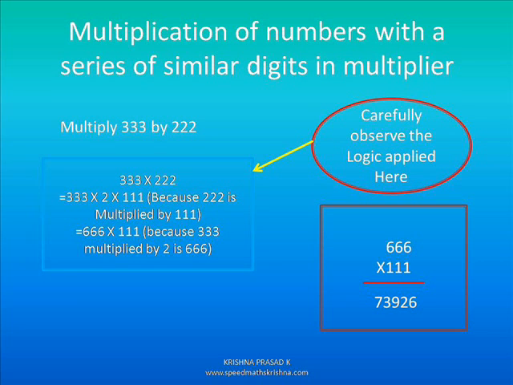So 666 into 111, because 333 multiplied by 2 is 666. After getting 666 into 111, we can apply the previous method and we get the answer 73,926.